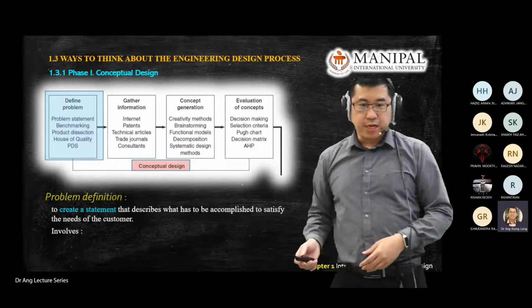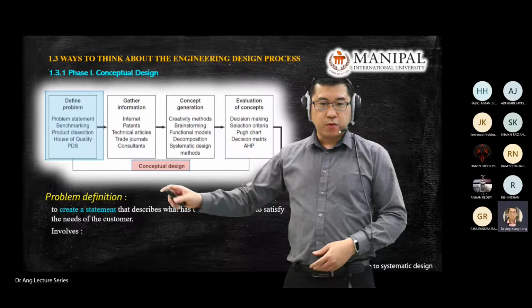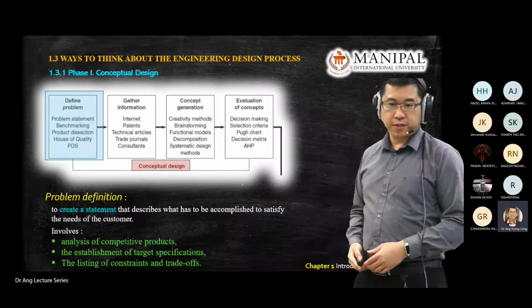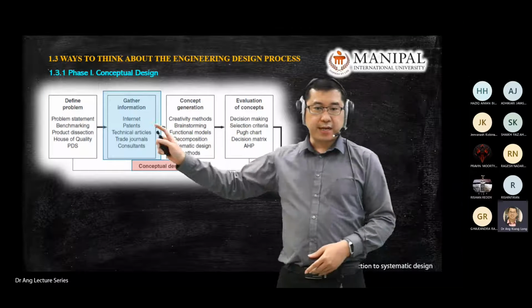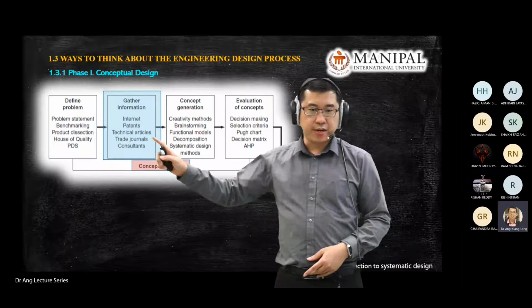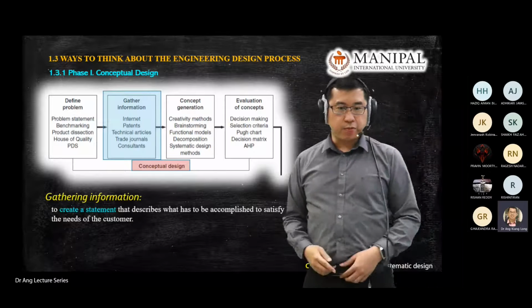All right. Now today we're going to look at the second component of conceptual design, which is gathering information. We move into the second step in the conceptual design. Now, what do you do when you gather information?